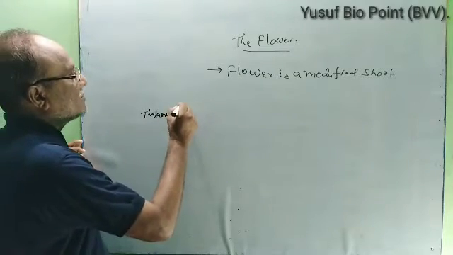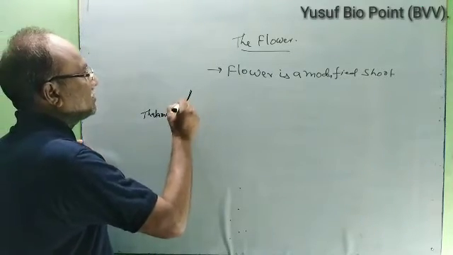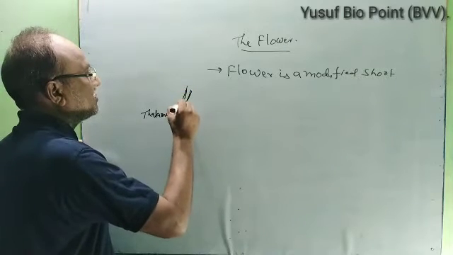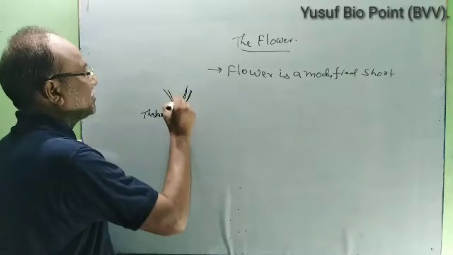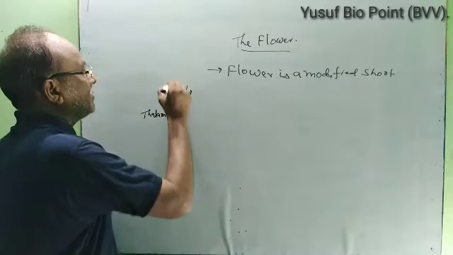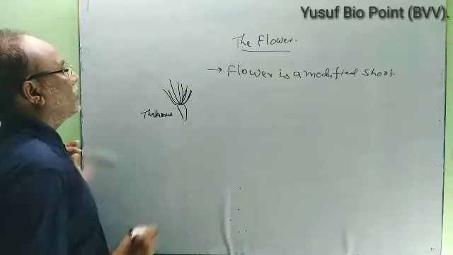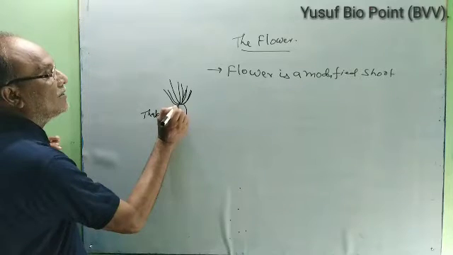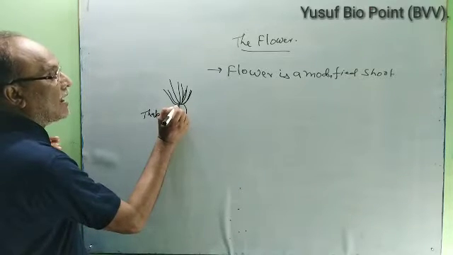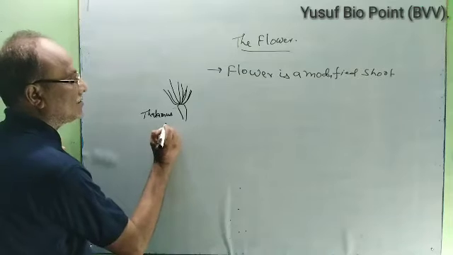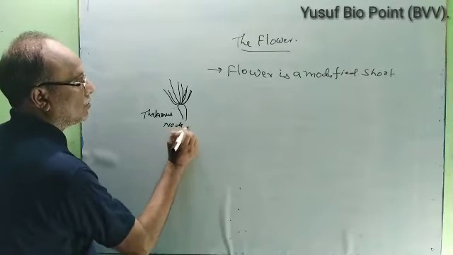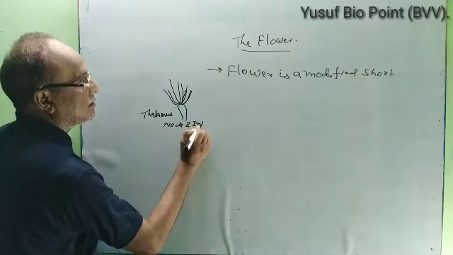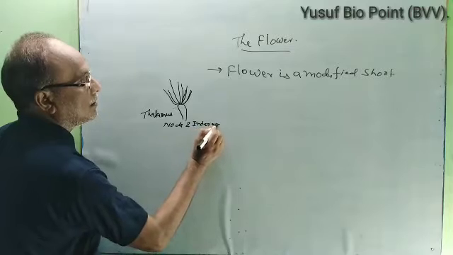There are sepals, there are petals, these are stamens. You see that this is the node and this is the internode.